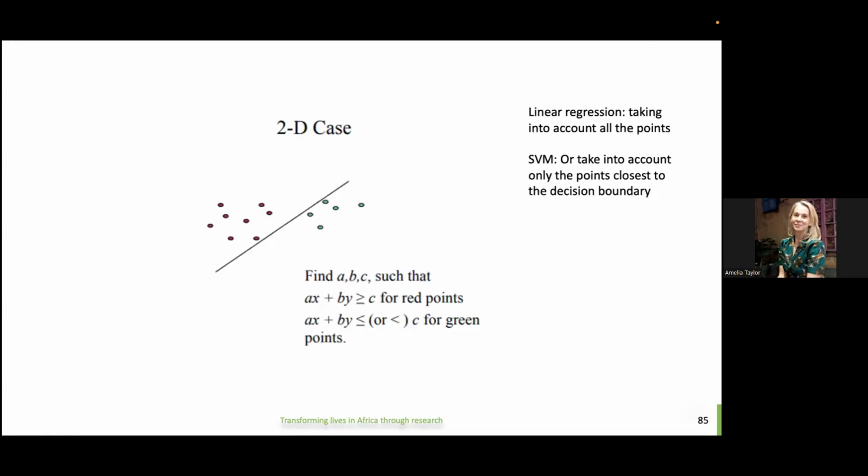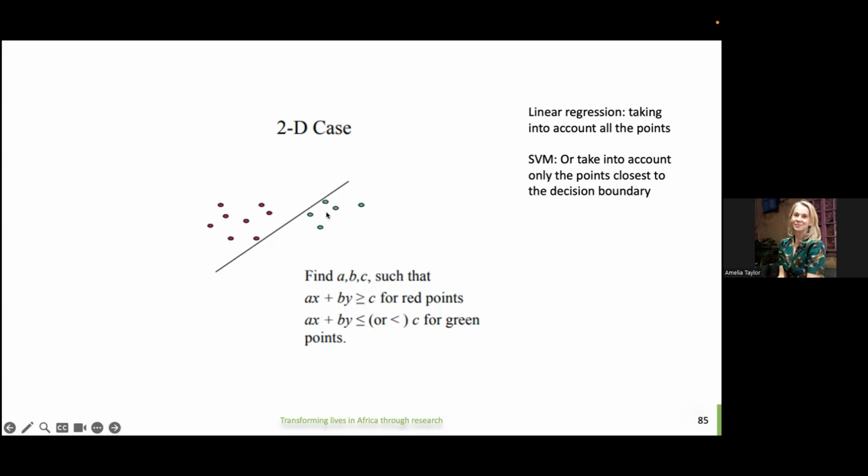And let's have a look at this slide. This slide gives you a picture of what we are looking for. In the 2D case, you are looking for this line. This line is given by this equation here. All the points that are above the line will satisfy this equation, and the line is given by this equation here, a of x plus b of y.